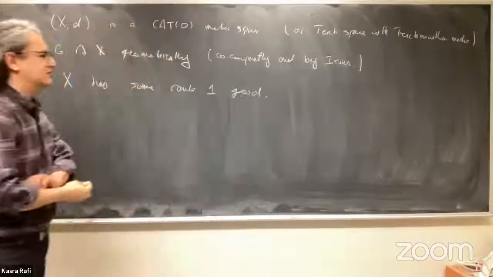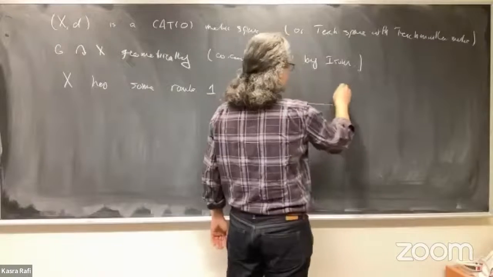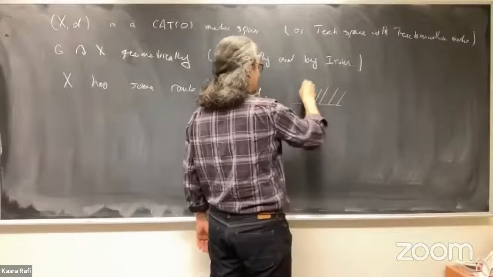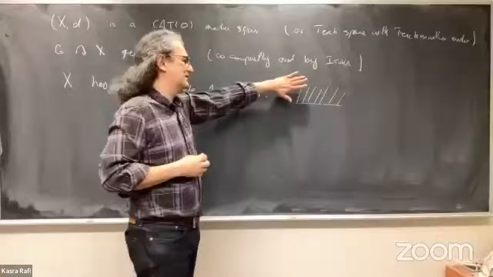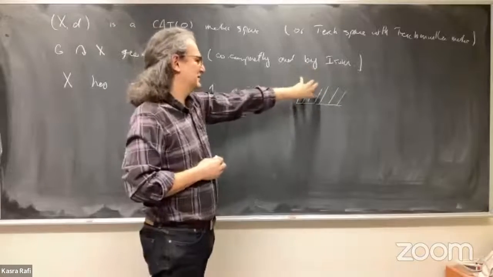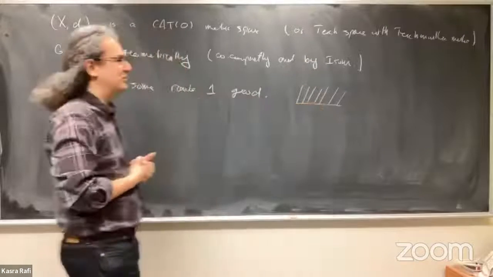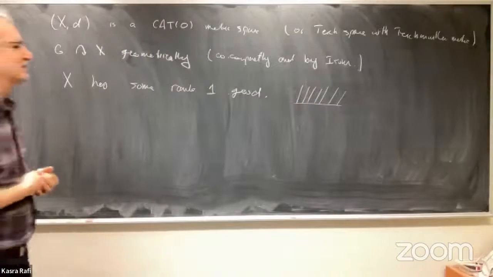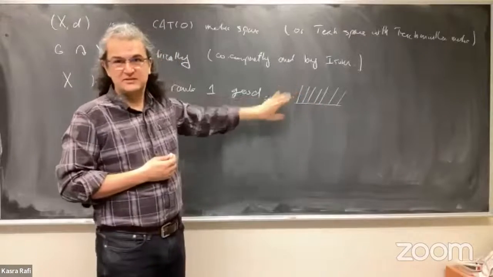So what is a rank 1 geodesic? It's a geodesic in a CAT(0) space that does not bound a flat. So this is the non-rank 1 behavior. If every geodesic bounds a flat, then there is no hyperbolicity here. If you look at balls here, they project to something of the same size. There is no contraction of any kind. If your space is a product space or something like that, that's what happens.